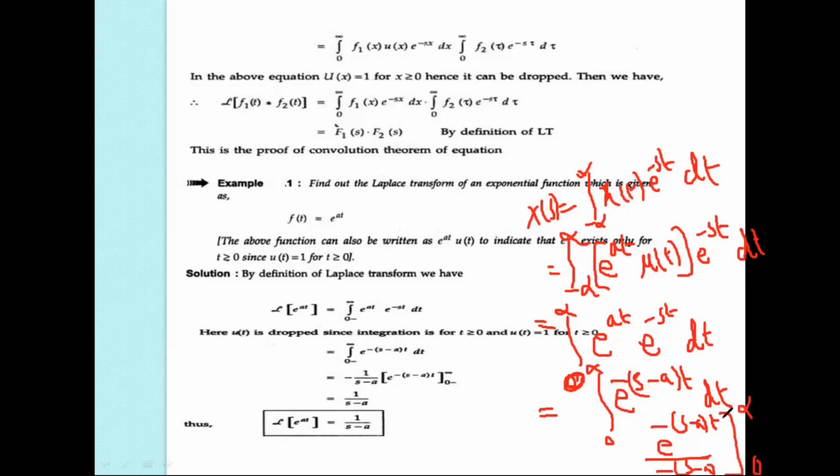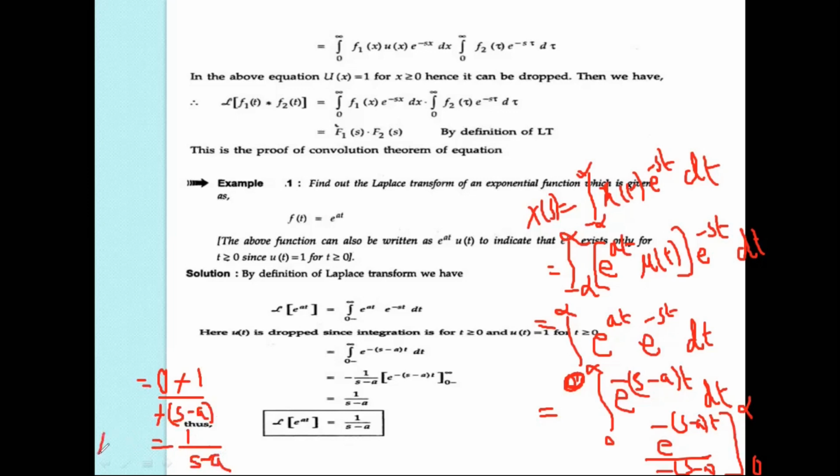When I substitute the upper limit infinity, it becomes 0. Minus the lower limit 0, where the t value gives 1, whole divided by minus (s minus a). The minus and minus get cancelled, and it becomes 1 by s minus a.